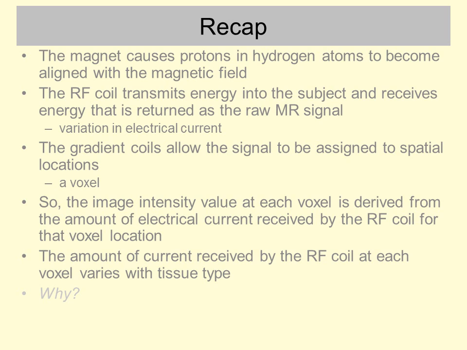Now the reason that any of this is useful is because the amount of current received by the RF coil at each voxel depends on the tissue type, and therefore tells us what tissue type occupies the voxel. And that's the next thing that we want to try and understand.